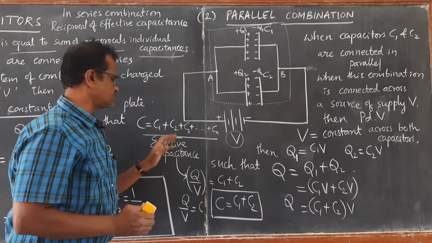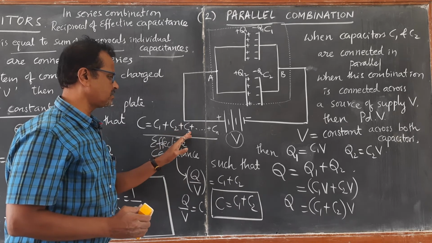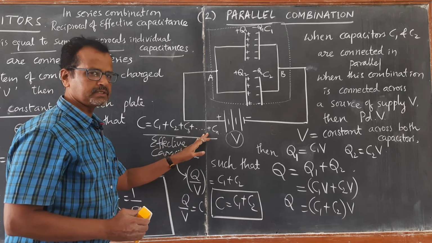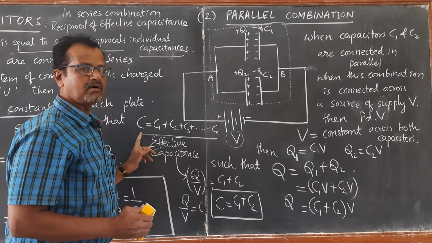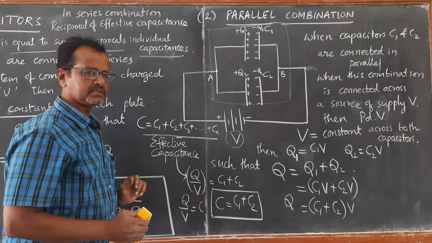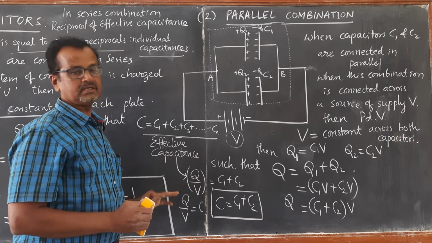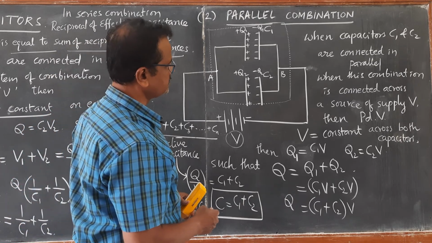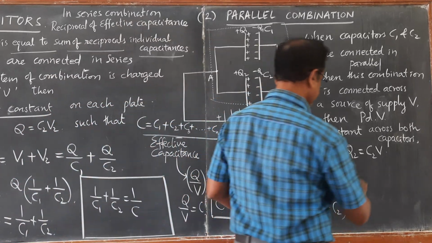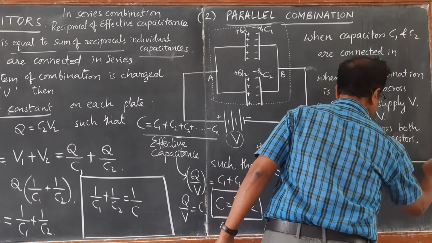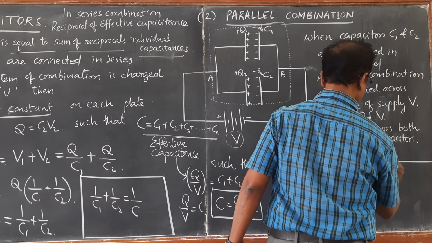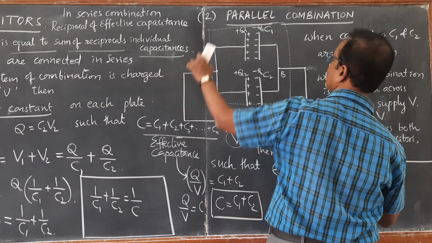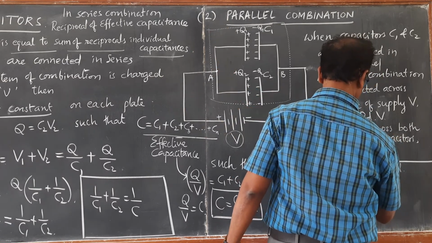So, the sum of the capacitances of the individual capacitors is equal to the effective capacitance of the combination. Okay. So, that is how we can conclude. In parallel, remember this is in parallel.